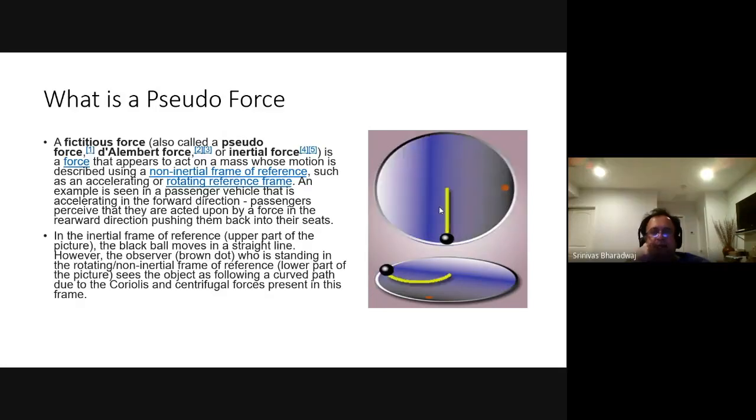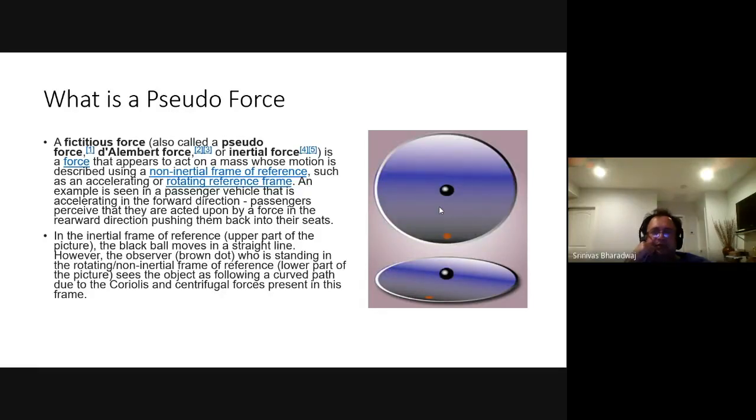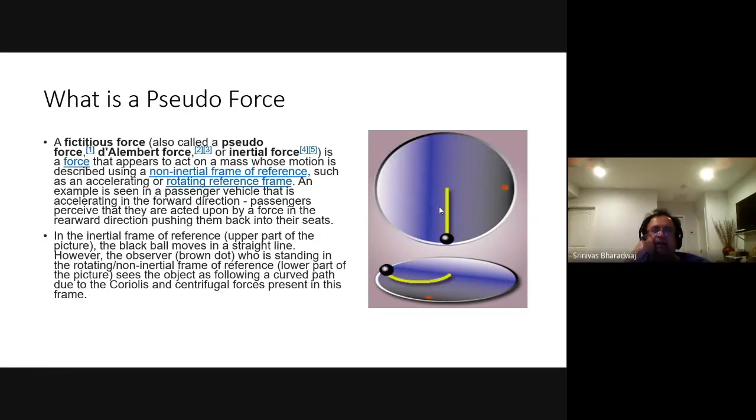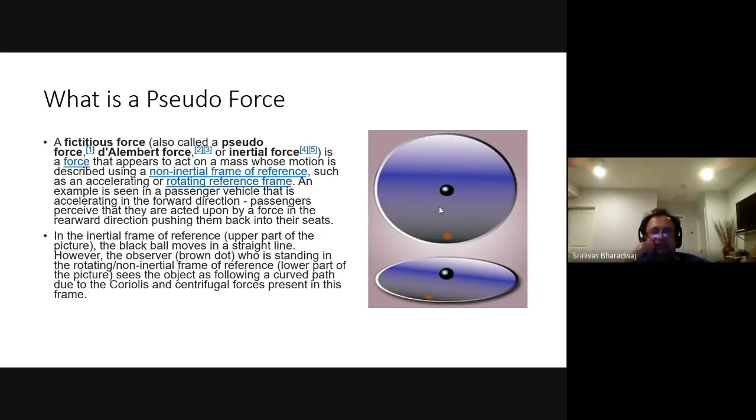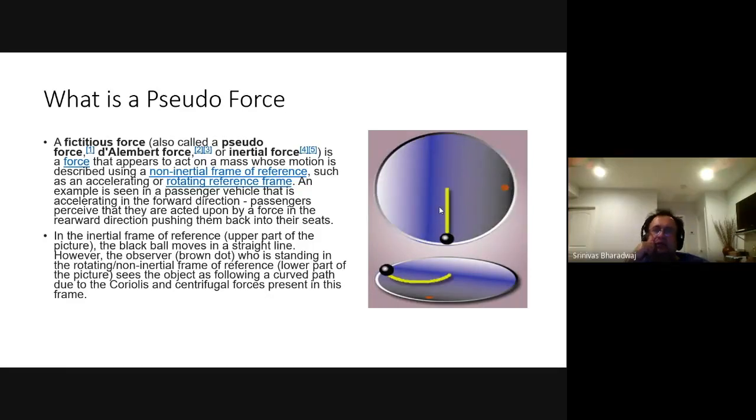In the inertial frame, the black ball moves in a straight line. However, the observer who is standing in a non-rotating frame of reference sees it like this. He sees the object as following a curved path.